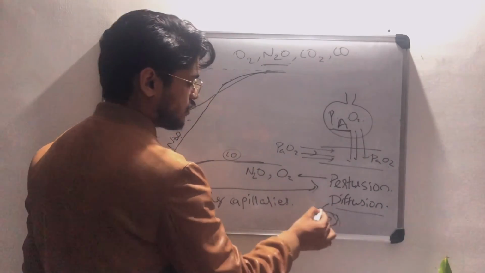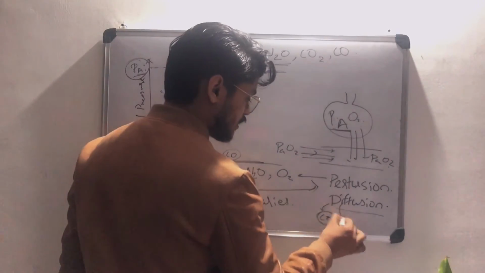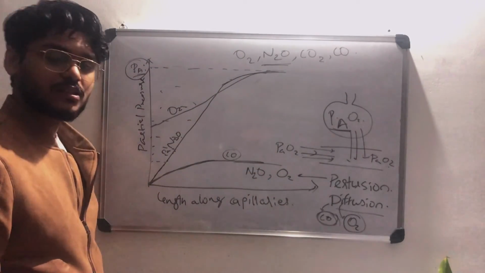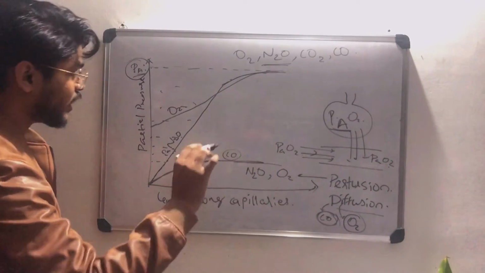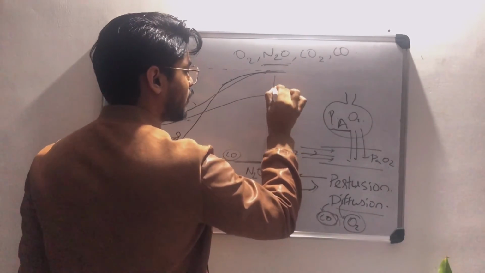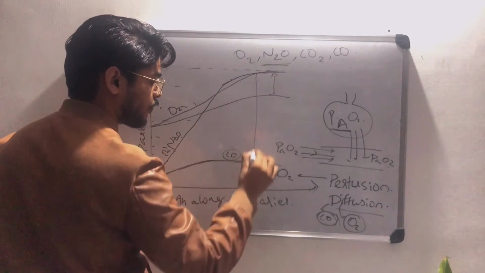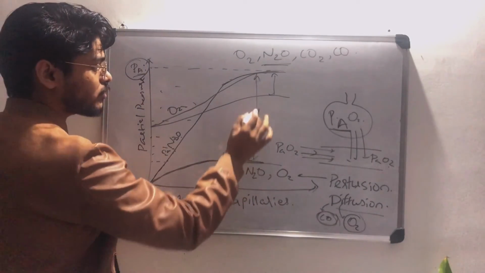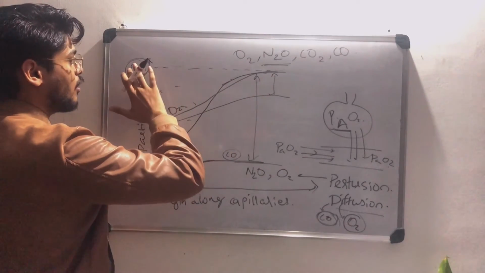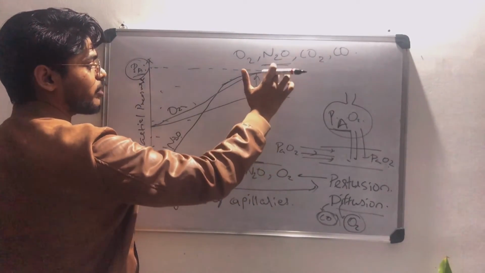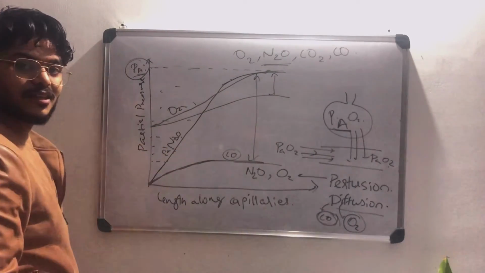So we have studied diffusion limited. One thing is there, that is carbon monoxide. One more thing is there, that is oxygen. In some conditions, oxygen is also diffusion limited. Then the graph will not be like this. The graph will be like this. See? In the same way that carbon monoxide is not able to reach the alveolar partial pressure, oxygen is not able to reach the alveolar partial pressure.